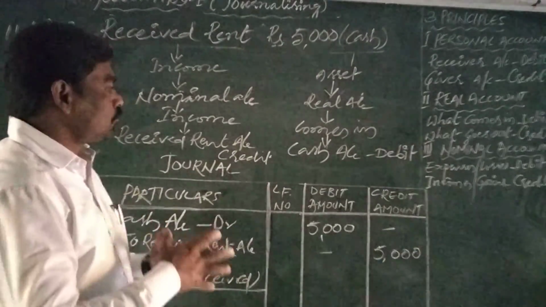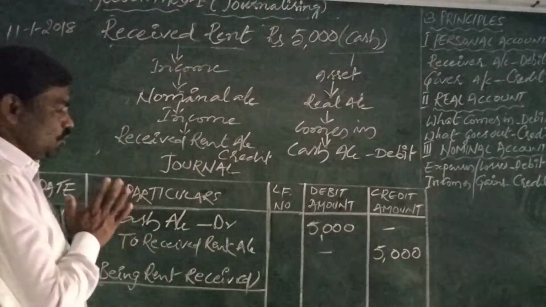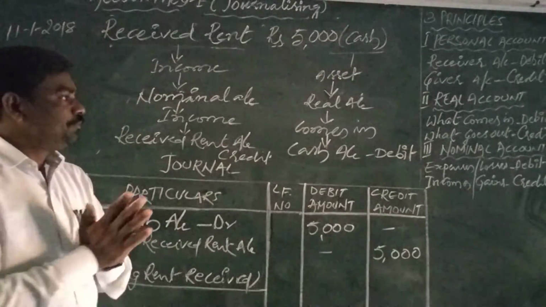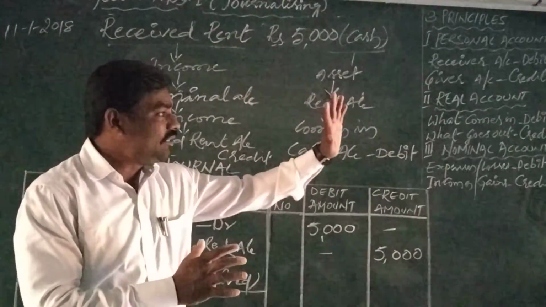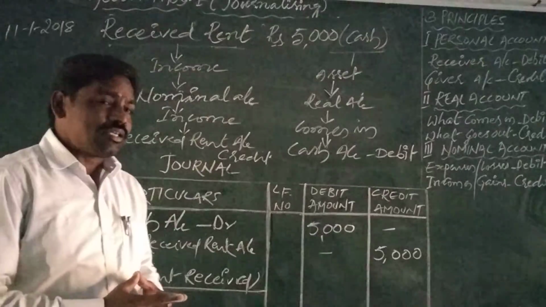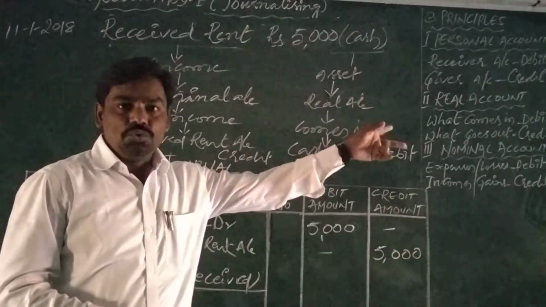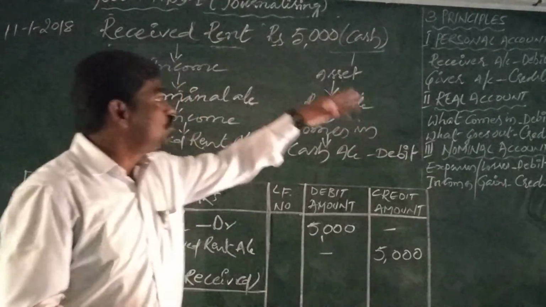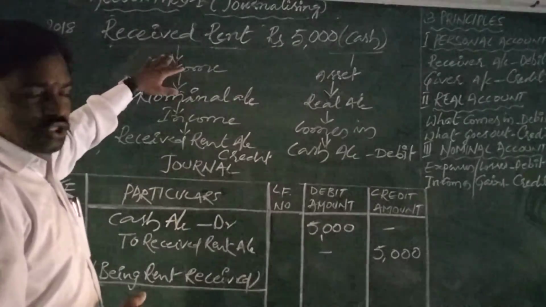Students, here to write an entry in the journal, we need to understand three types of accounts and their principles. And similarly, you need to understand the dual aspect concept. If you understand these two things, we can find two aspects in the transaction.